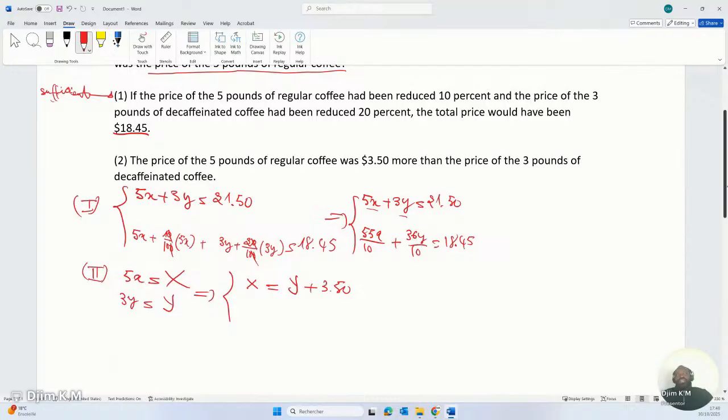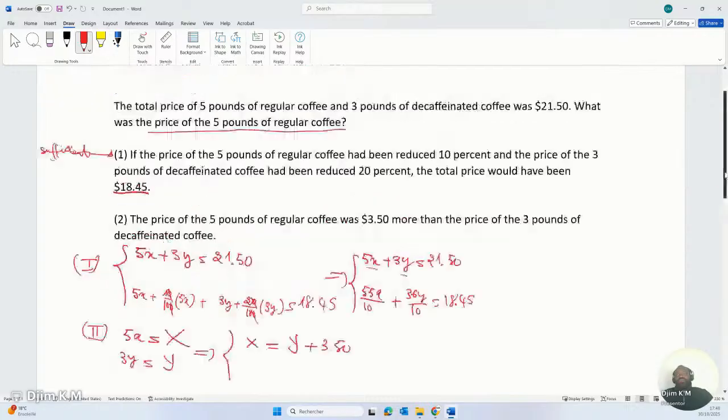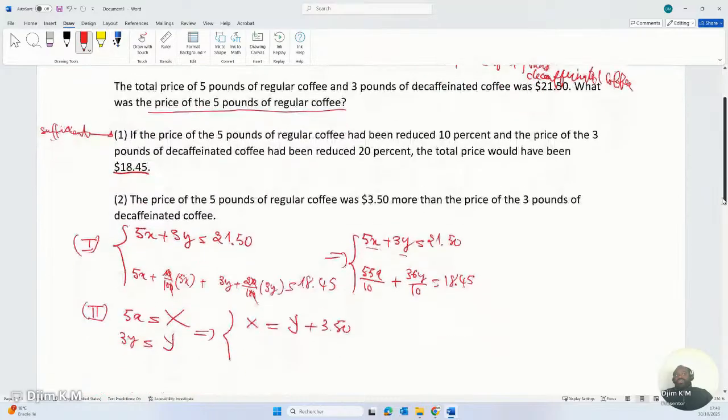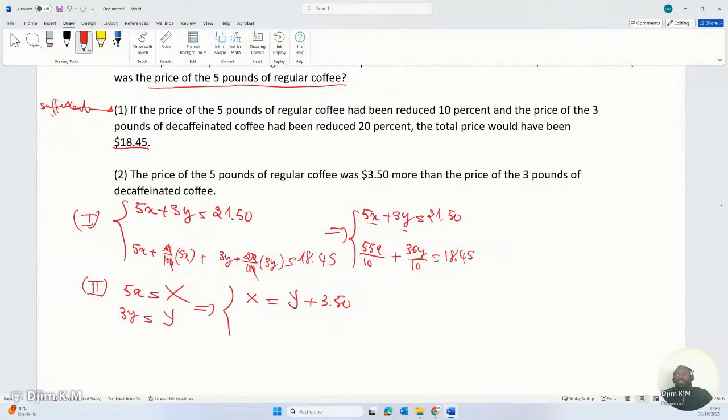And then we know from the prompt that 5 pounds plus 3 pounds of decaffeinated is equal to 21.5. And we have x plus y, which is equal to 21.5. So based on this system of equations, we can also find the price of x. Okay, so this one is also sufficient.